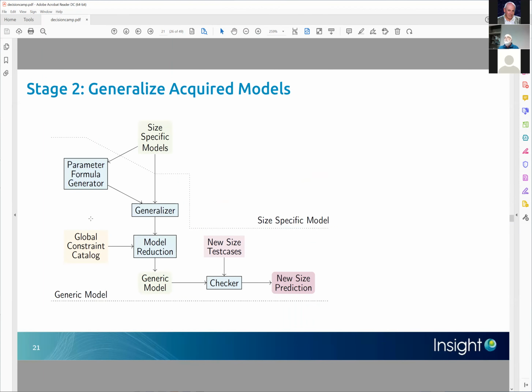In the next step, we try to generalize that. For that, we take the size-specific models, pass them through a Generalizer, and do some model reduction. At that point, we also have to use a formula generator to explain the parameter values or to predict the parameter values for new sizes. And that gives us the generic model.